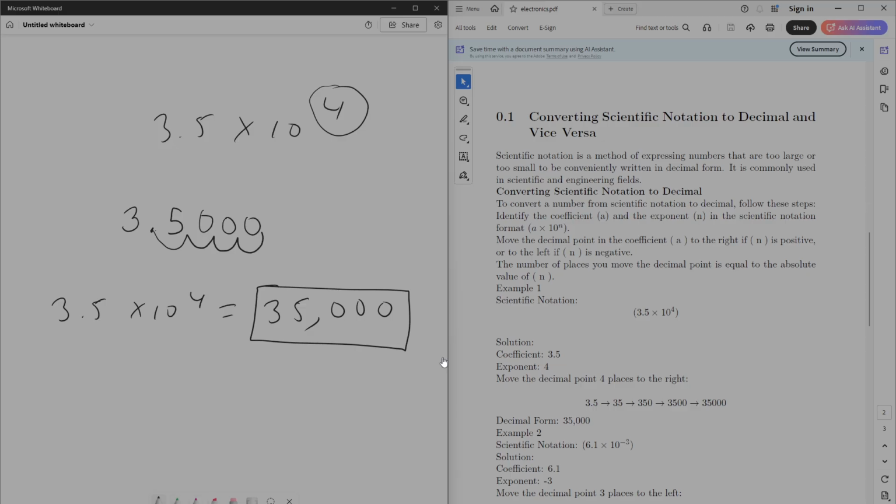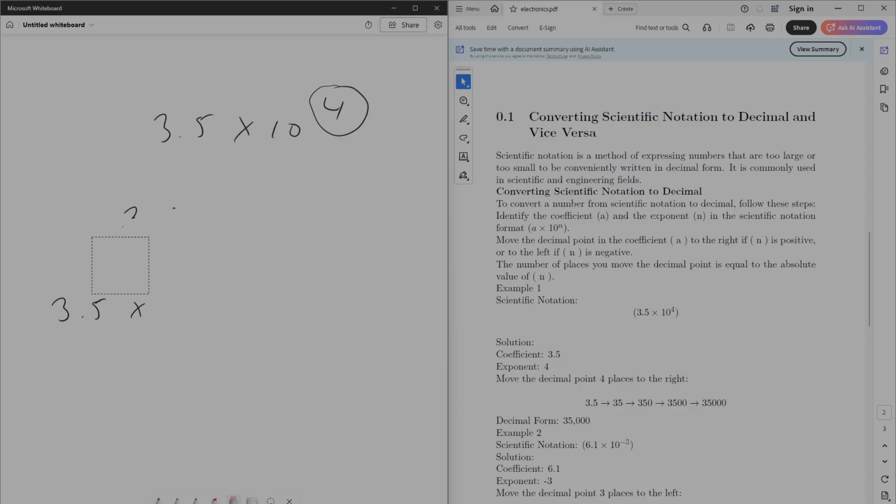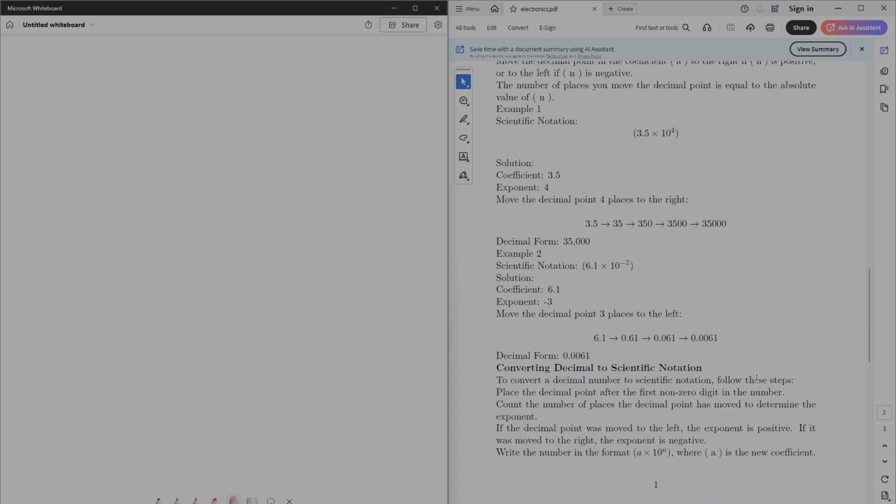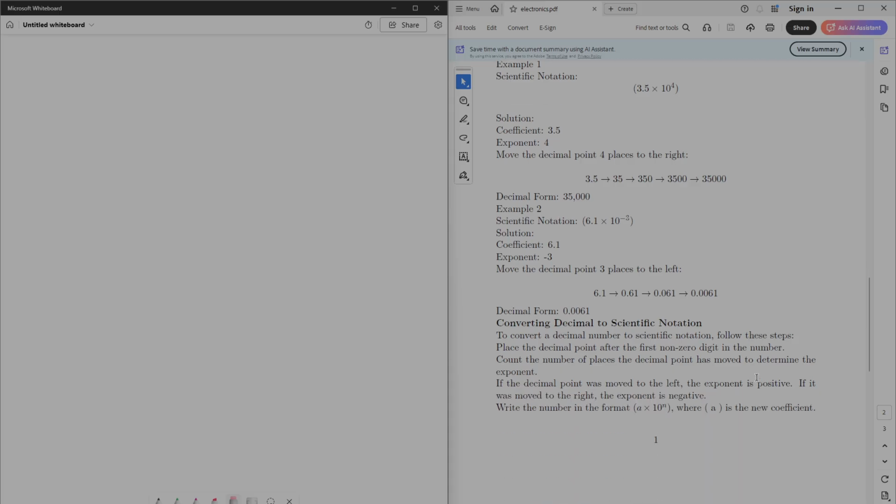Now let's go to example number 2. Example number 2 says 6.1 times 10 to the negative 3.